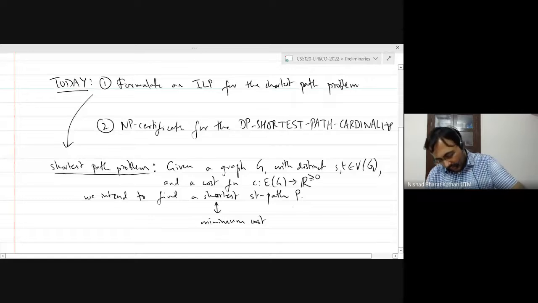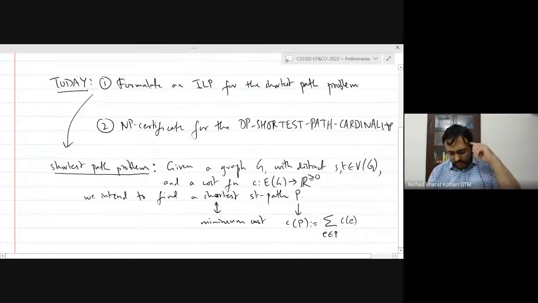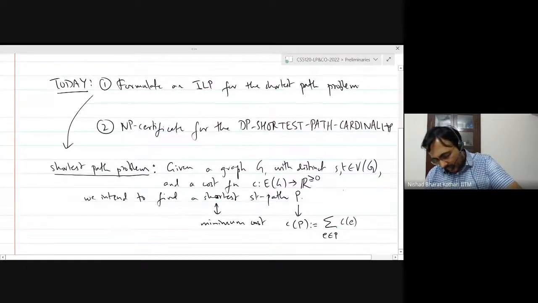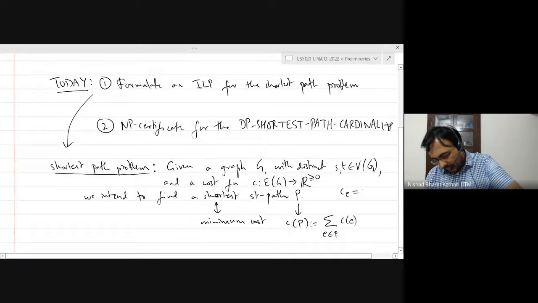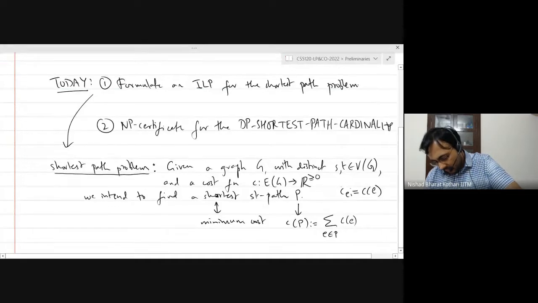Right? And the cost of a path is the cost of all the edges in the path. I should mention that sometimes I write CE instead of C parenthesis E, but I mean the same thing by that. Okay.